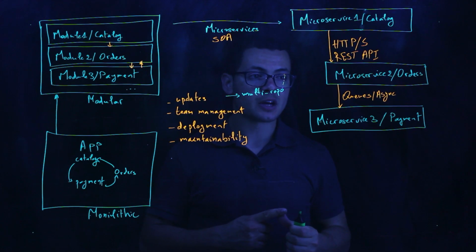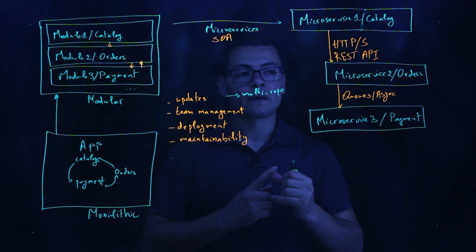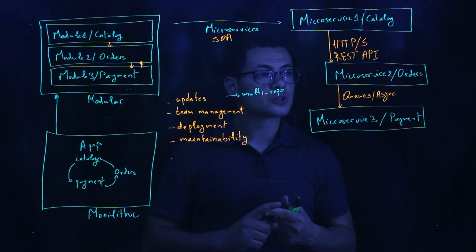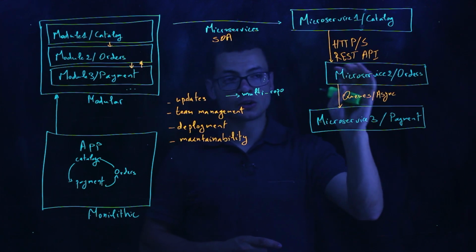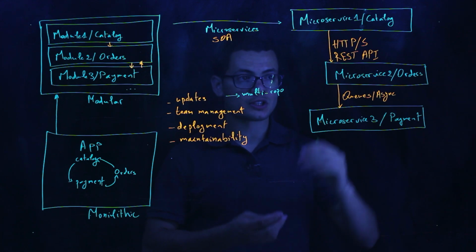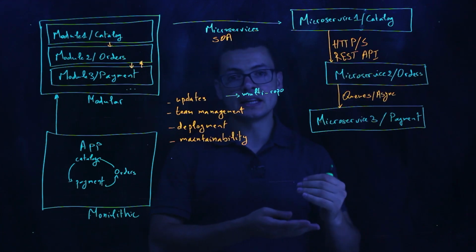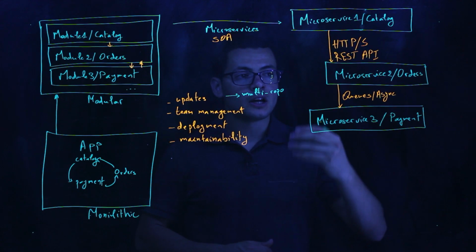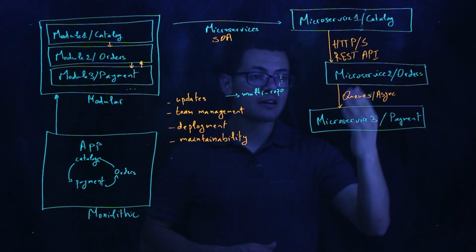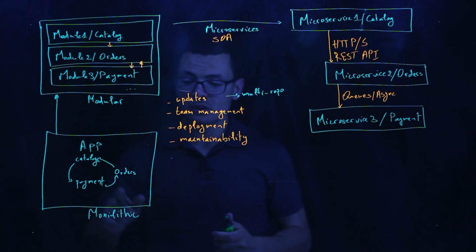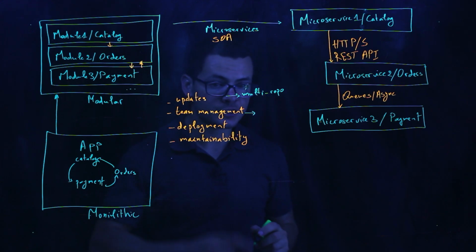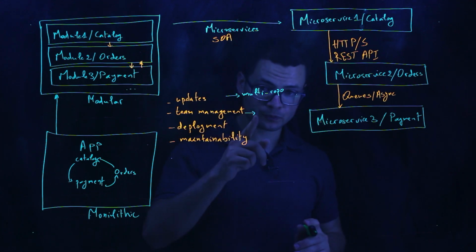This means the team now has less responsibility. It knows what is happening inside its own microservice, because one microservice has fewer features than the monolithic, and the team itself is smaller. It has fewer members than in the monolithic approach. So the team management is really easy to do here.